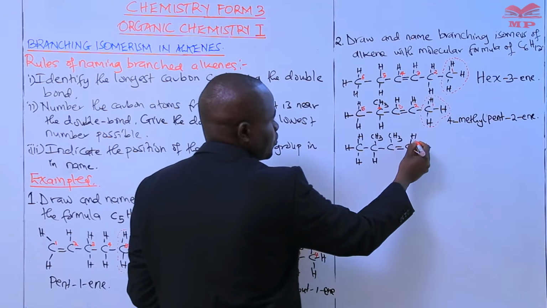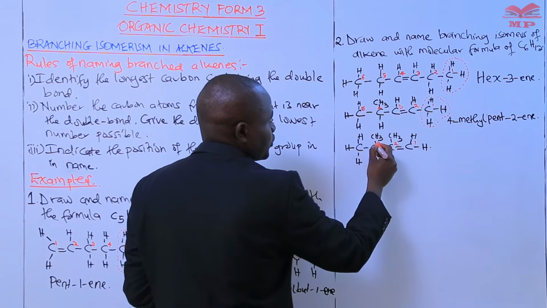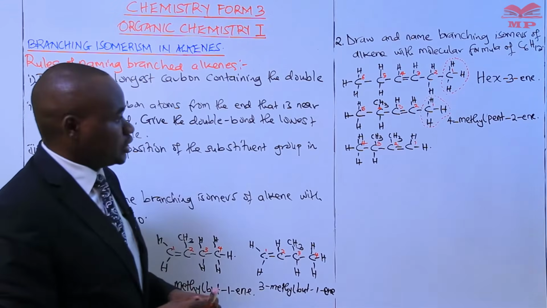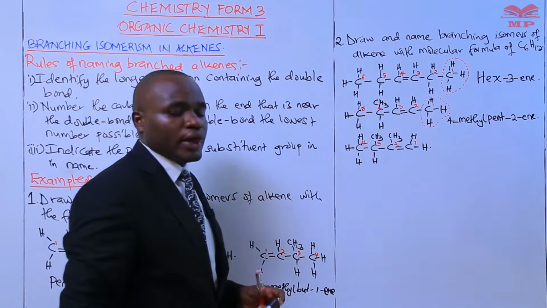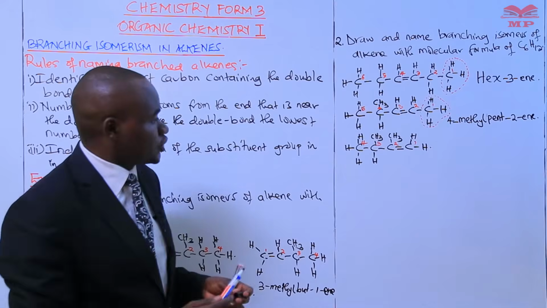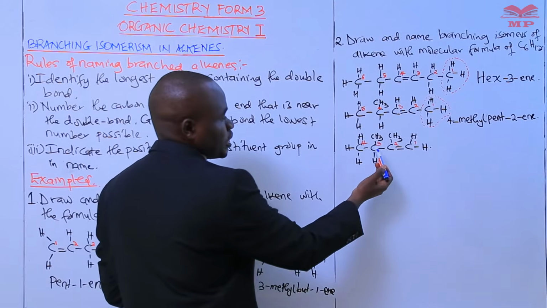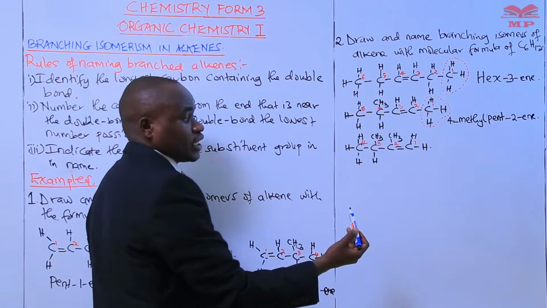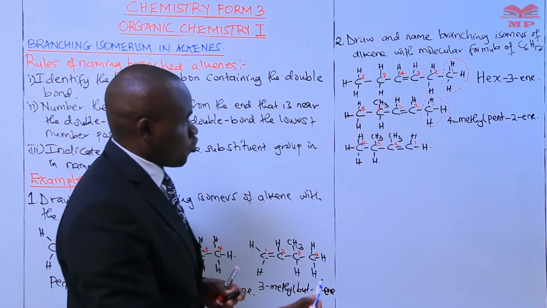So this will be carbon 1, carbon 2, carbon 3, and carbon 4. That means the parent has 4 carbon atoms, and then we have 2 branches. The first branch is on carbon 2, the next branch is on carbon 3, and they are identical.